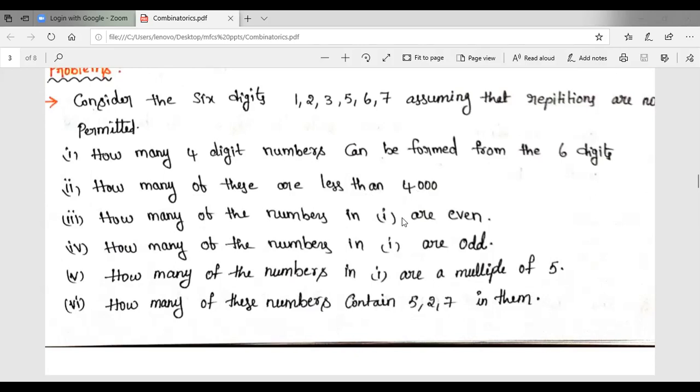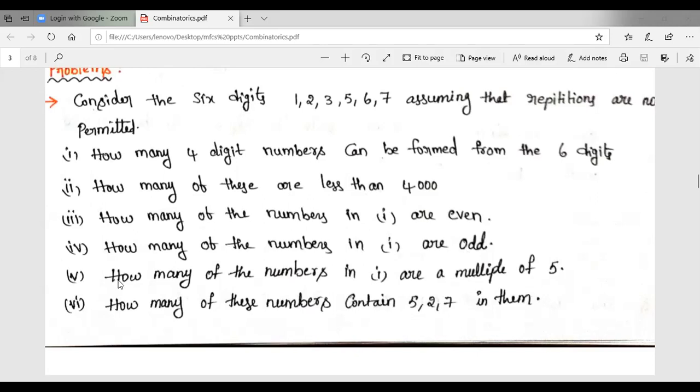In the possible 4-digit numbers, how many are even? Fourth question: how many of the numbers in one are odd? If we find total 4-digit numbers and even 4-digit numbers, total minus even gives the odd numbers.